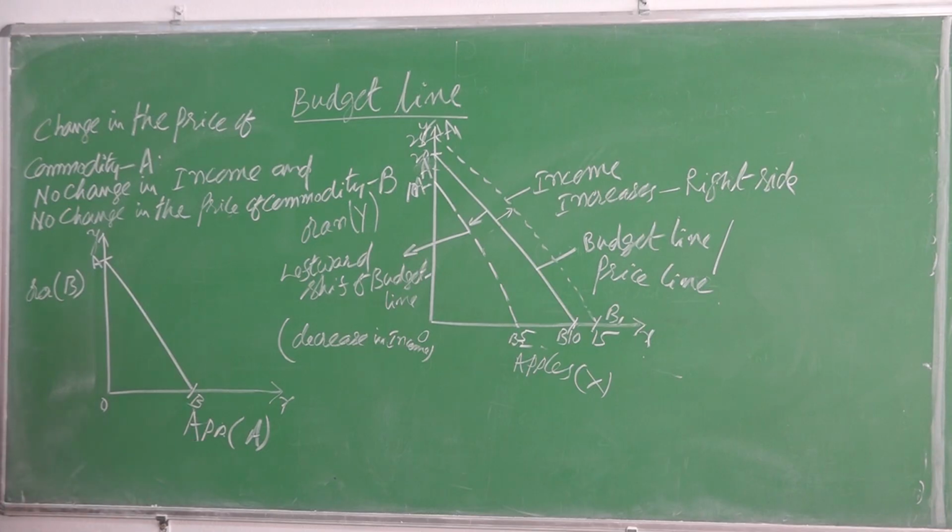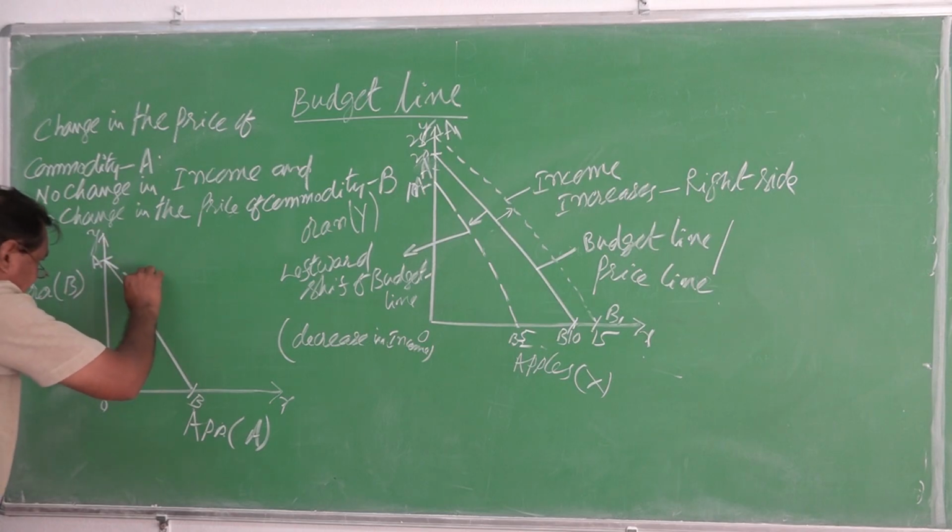Please tell me, if the price of apple decreases, can a consumer purchase more or less? So, he can purchase more. Income is 100 rupees and the price of oranges has no change, only the price of apple decreases. That is why you have to read the question. Then you can purchase more apples. Then the budget line shifts towards the right.